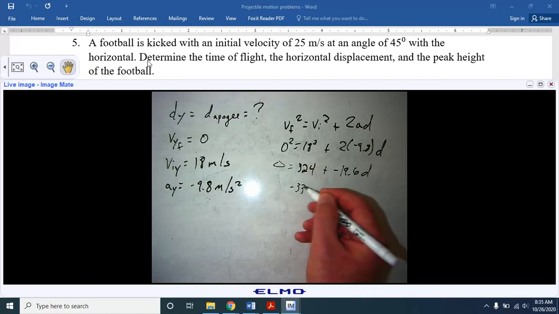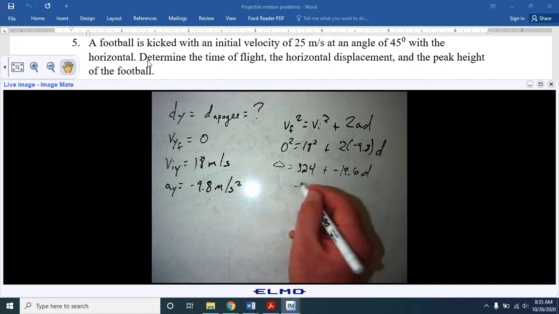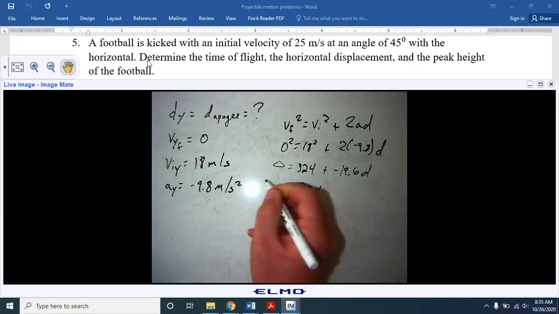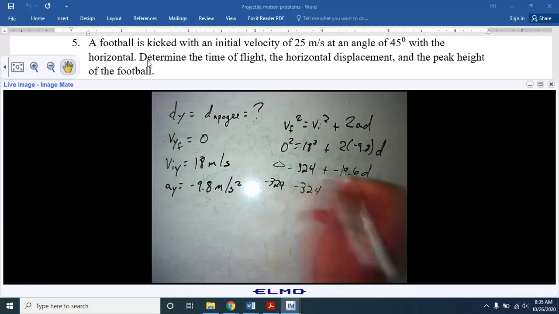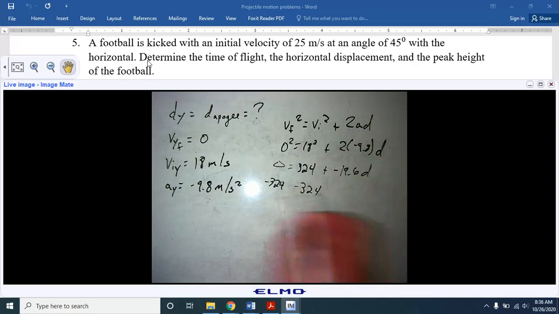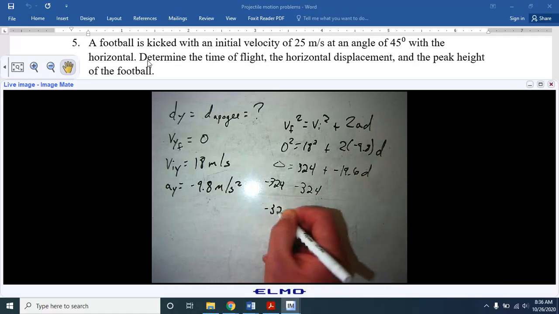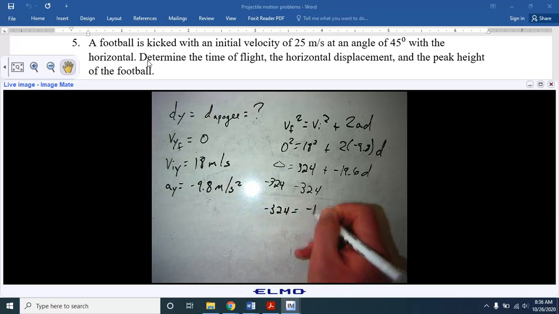Subtract 324 from both sides. Due to algebra, adding those together, they've got to be subtracted, and I put a line there. Negative 324 equals negative 19.6 d. Now those 2 are times, so I've got to divide.